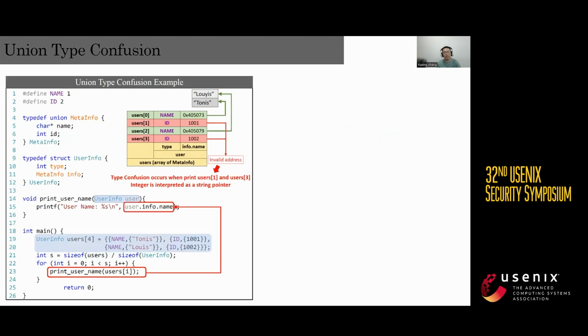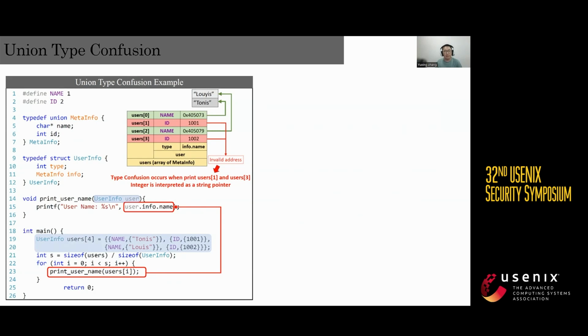And moving forward, let's dive into the concept of unit type confusion. Please refer to the figure that depicts a simple program with a unit type confusion vulnerability. Here, a unit meta_infer is defined in lines 4 to 7, whose member can either be an integer or a string pointer. And in lines 9 to 12, the structure user_infer possesses a unit member named infer.